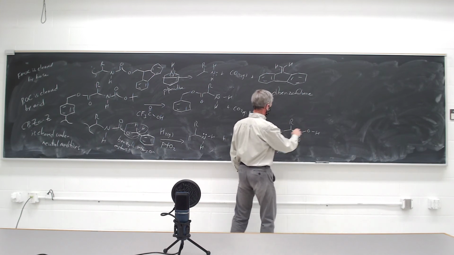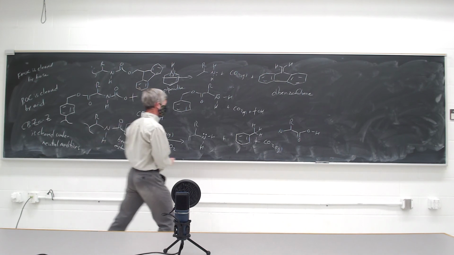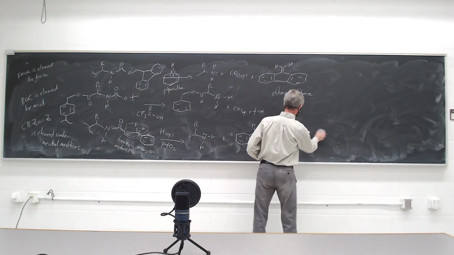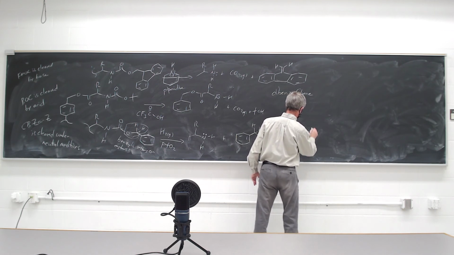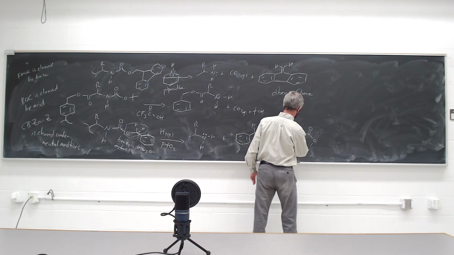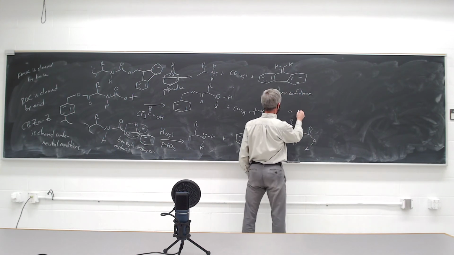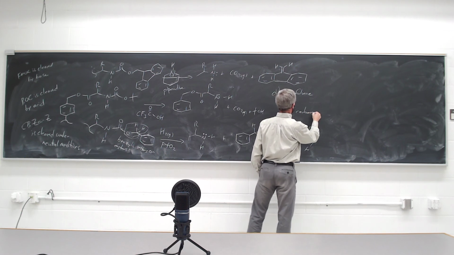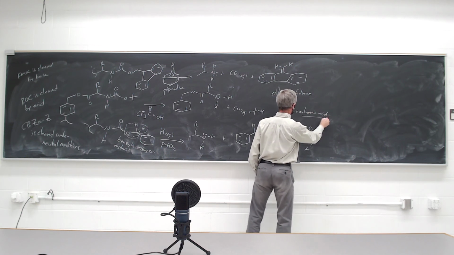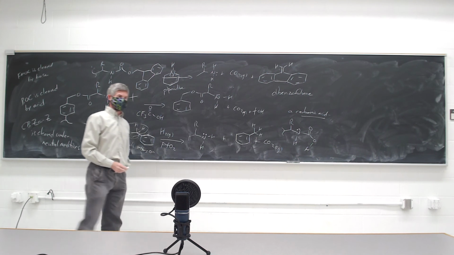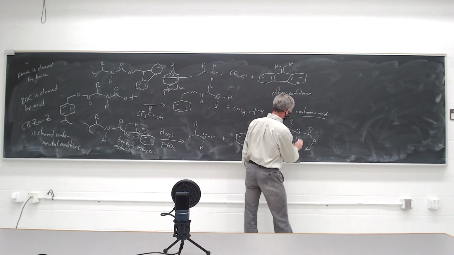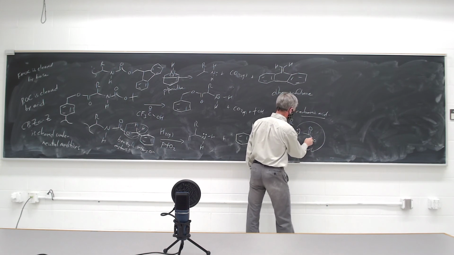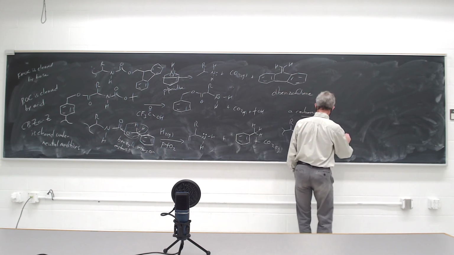But that's unstable. Oops, got the NH in the wrong spot. This is a carbamic acid. And you probably remember from the Hofmann rearrangement that carbamic acids are unstable and will spontaneously liberate CO2 and the amine.